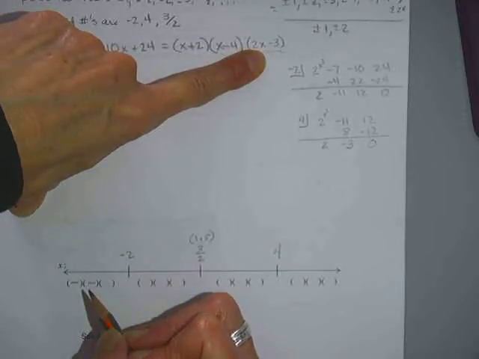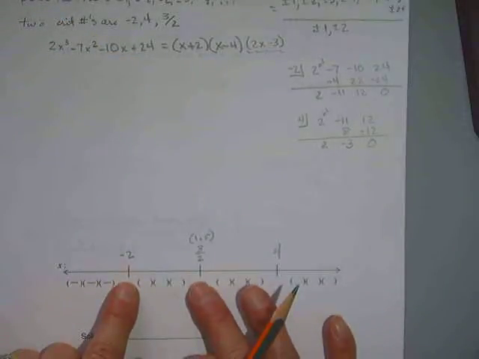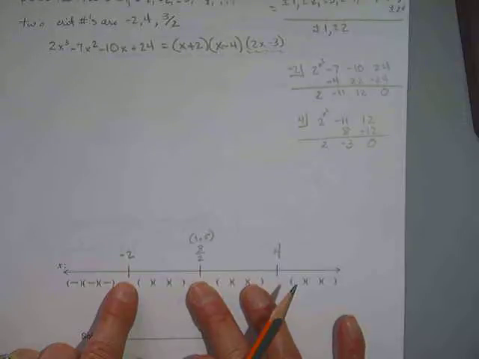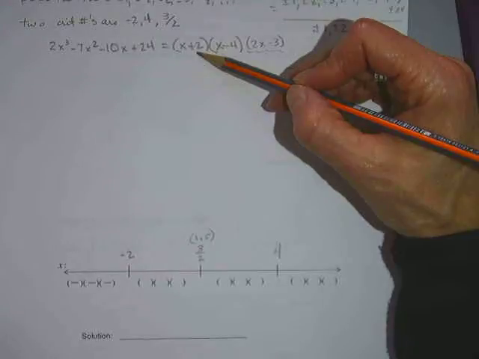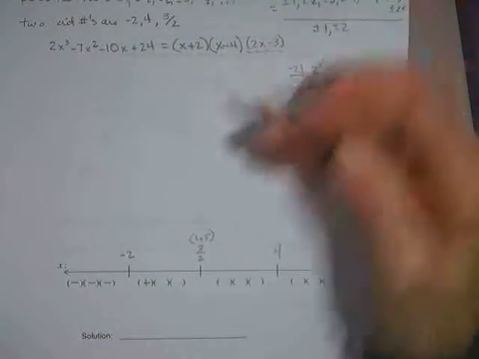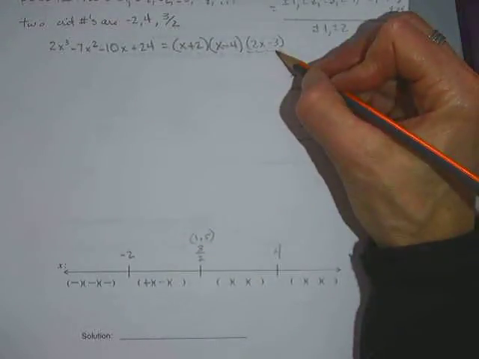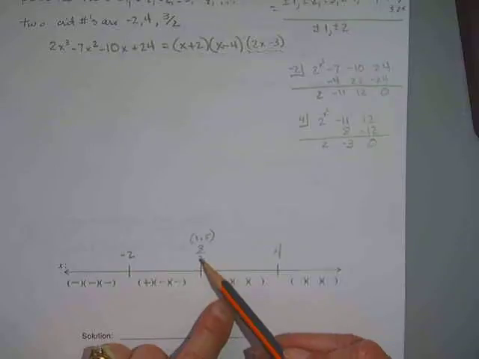What number should I test? -3. Okay, if I put -3 in the first spot, what is it? Negative. In the next one, negative, and negative -3 here, negative. Good. What's a good number between negative 2 and 3 halves?